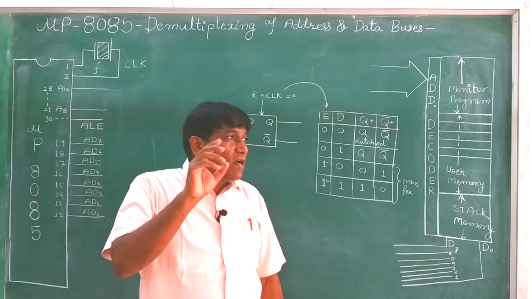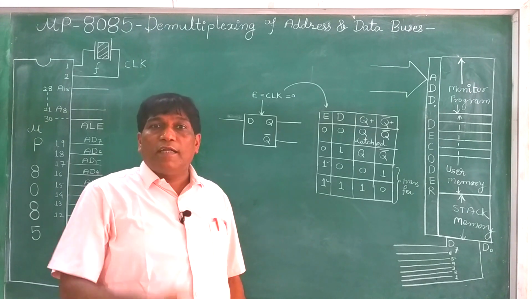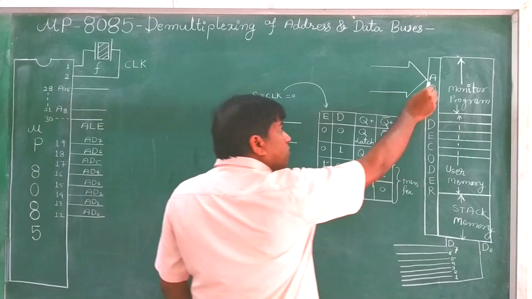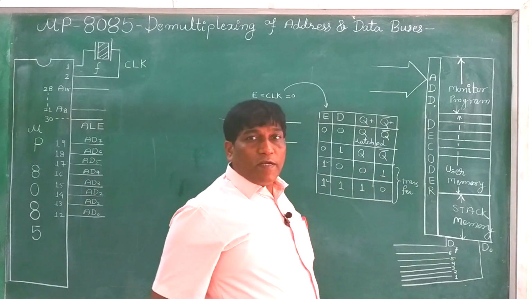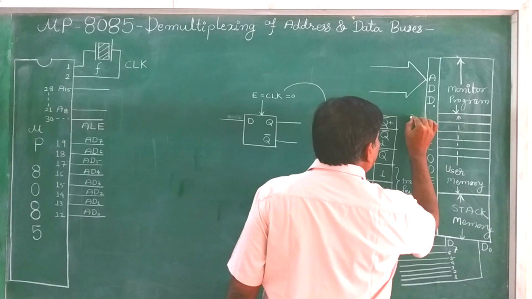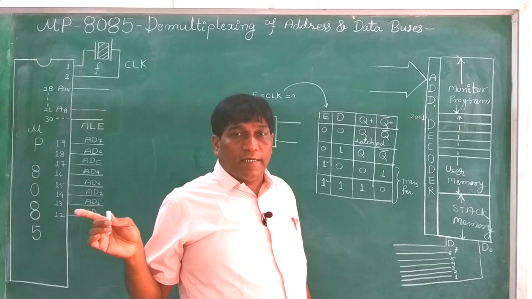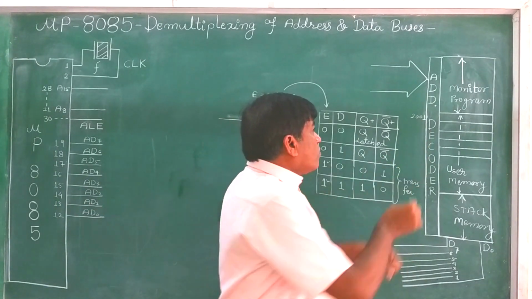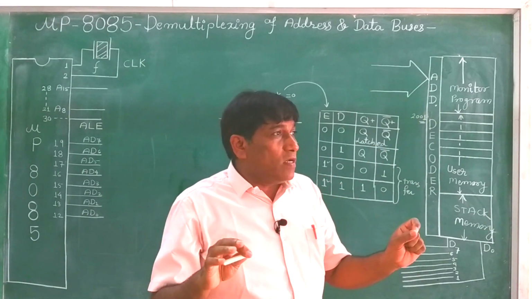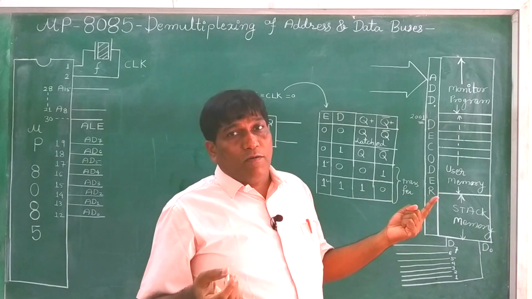As we have already explained, we want the lower order address to be held by the flip-flop, so that in the memory locations a particular address will be pointed out. As last time, we took the example of address location 2001, which we reviewed at the start. Here the lower order address is 01 and the higher address is 20, which is loaded by the program counter.